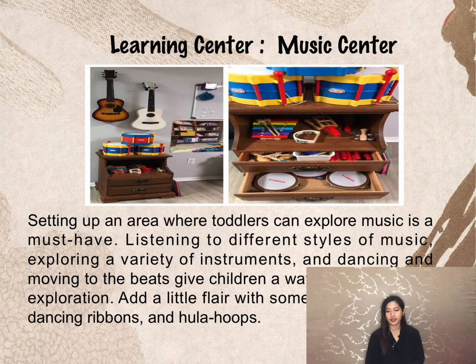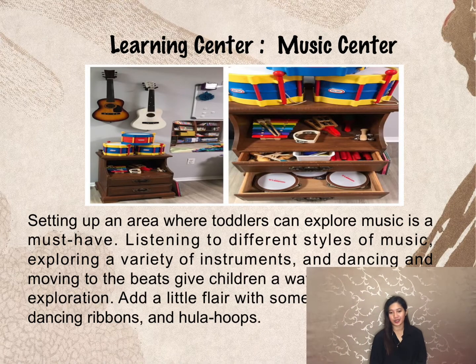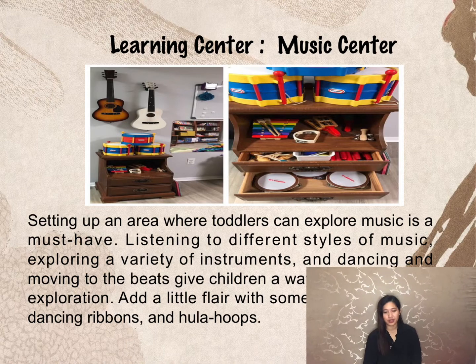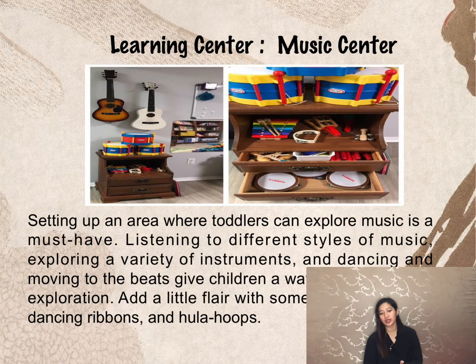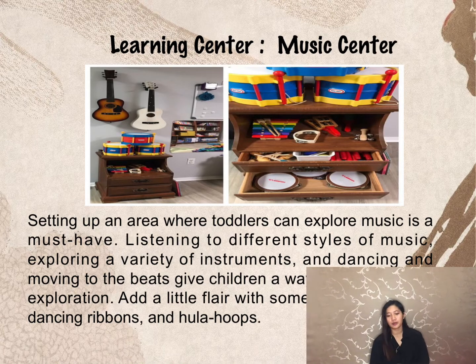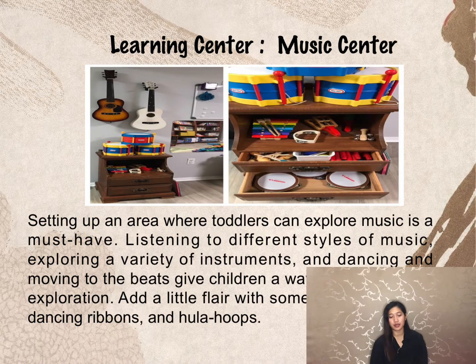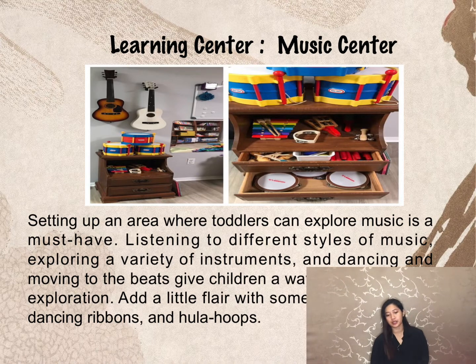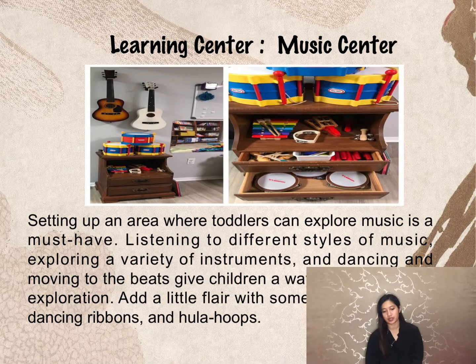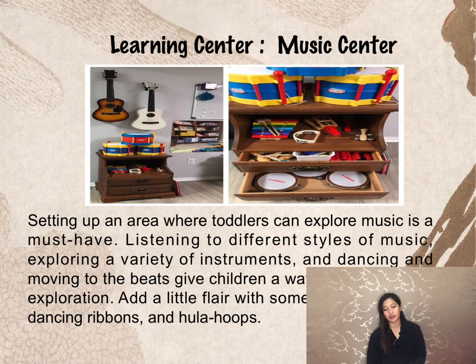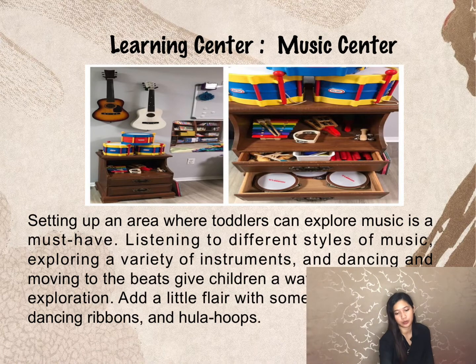In the learning center, a music center must be there. Setting up an area where toddlers can explore music is a must-have. Listening to different styles of music, exploring a variety of instruments, and dancing and moving to the beats give children a way to learn through exploration. Add a little flair with some rhythm scarves, dancing ribbons, and hula hoops.